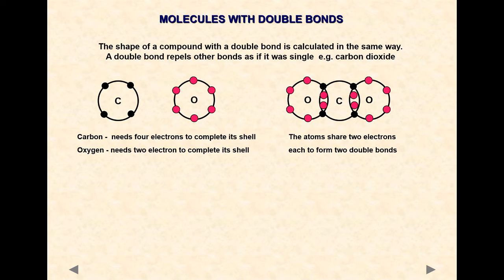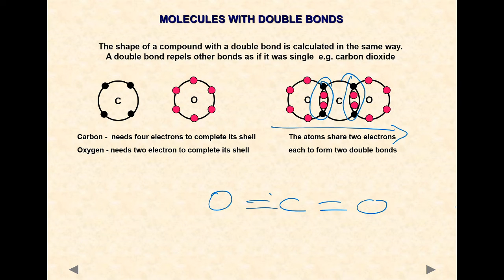Carbon dioxide looks like this, and basically if you count the lone pairs, since a double bond and a single bond are treated the same way, we count them in a similar way. It doesn't matter whether there are 2 double bonds.